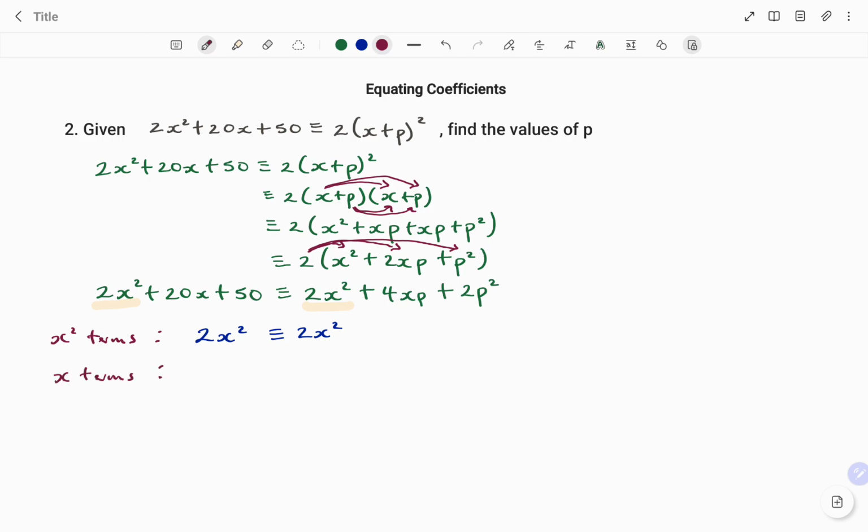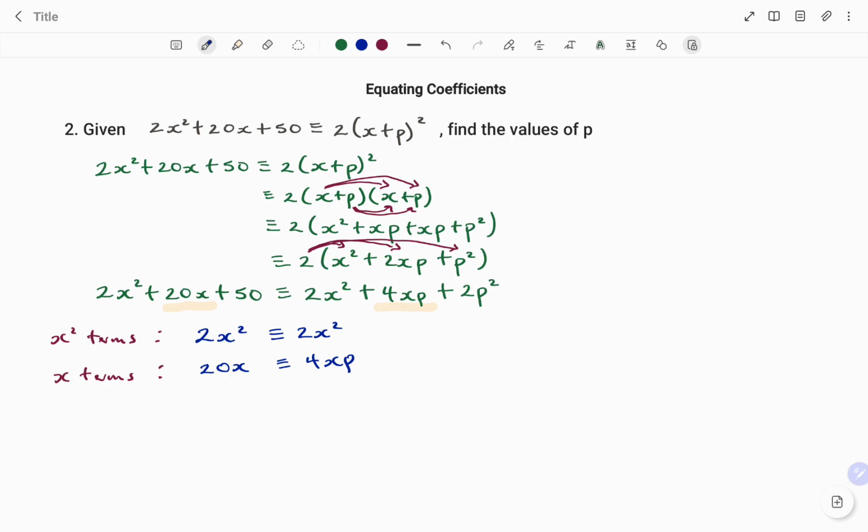So going to terms in x, what do we have on our left-hand side? 20x. On our right-hand side, we have 4xp. So equating that, we have 20x on our left-hand side is equivalent to 4xp on our right-hand side.